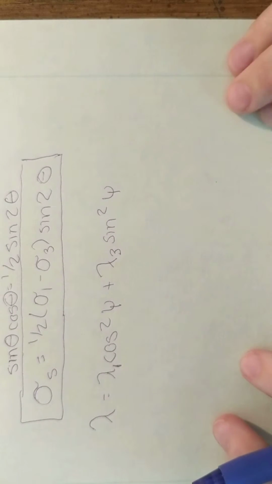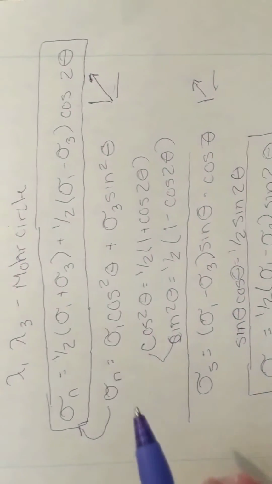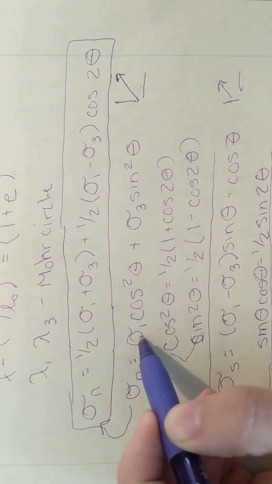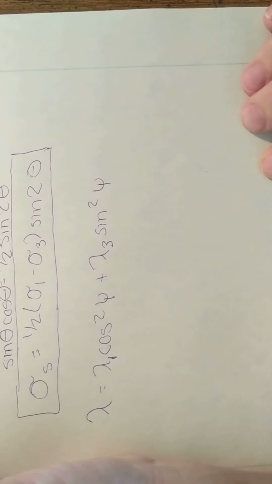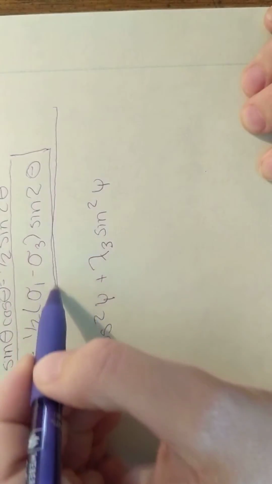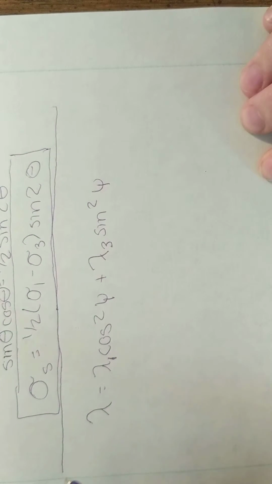Now, we'll notice that if we go up to our normal stress, right? It's the exact same equation. We're just using different variables. So this is going to be, again, for our strain.